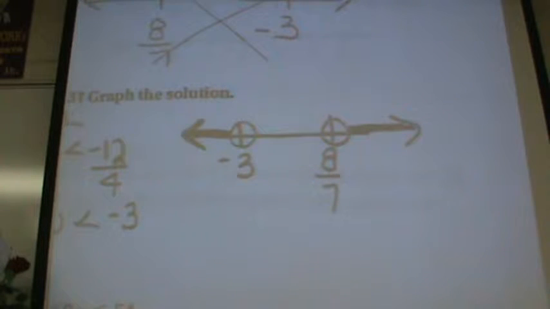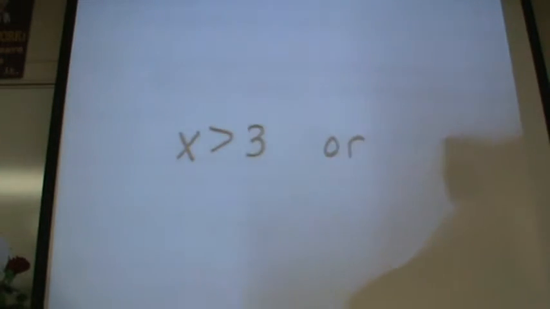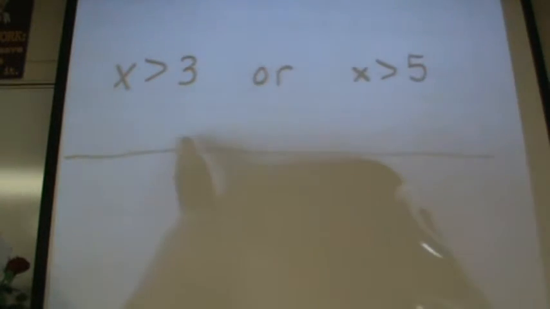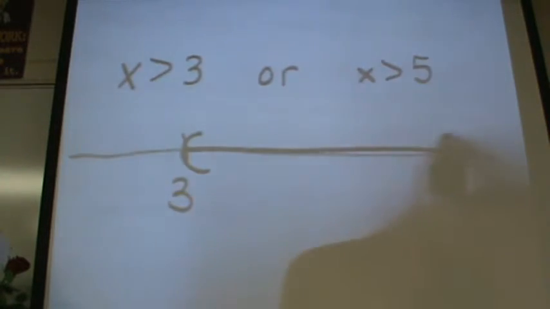Sometimes an "or", if I give you this problem, if I said x is greater than 3 or x is greater than 5, you might get something like this. If x is greater than 3, it looks like this, right?